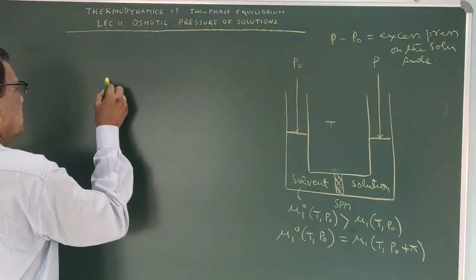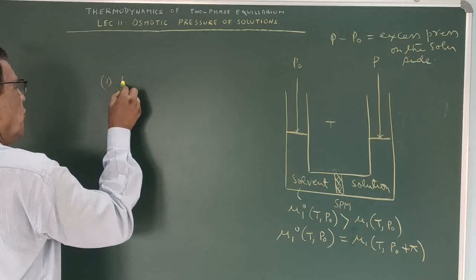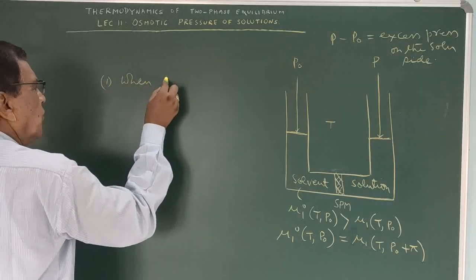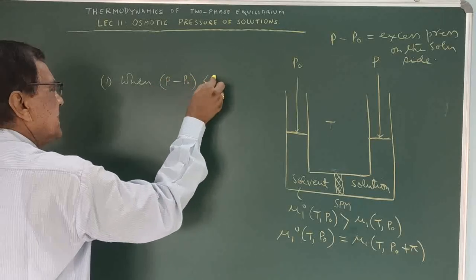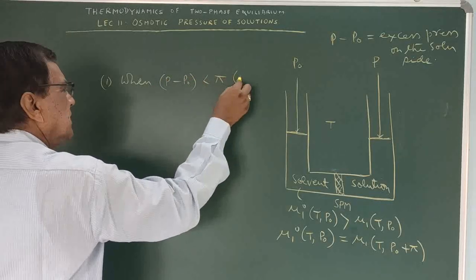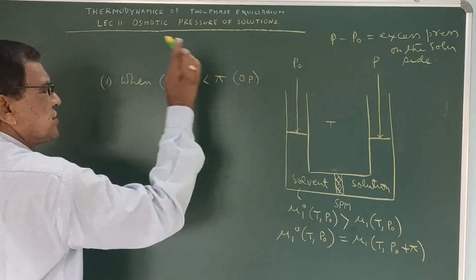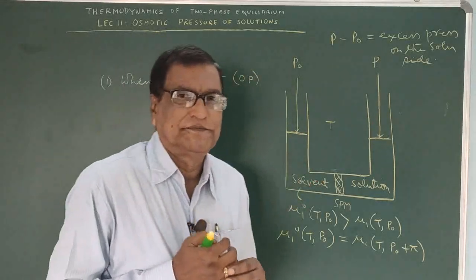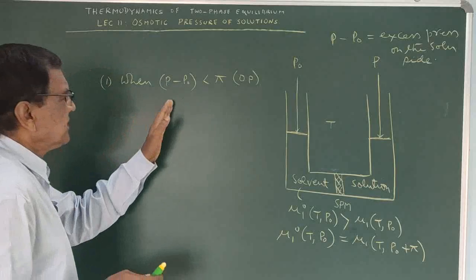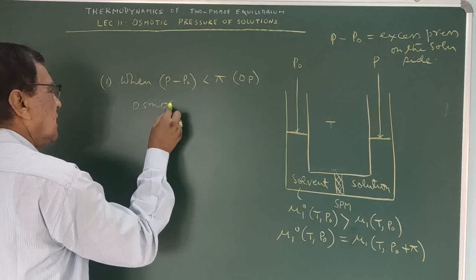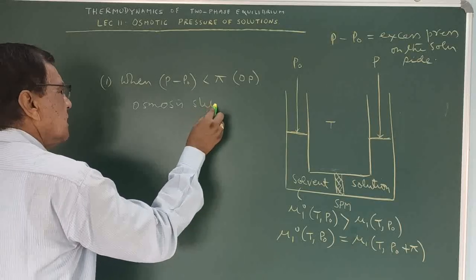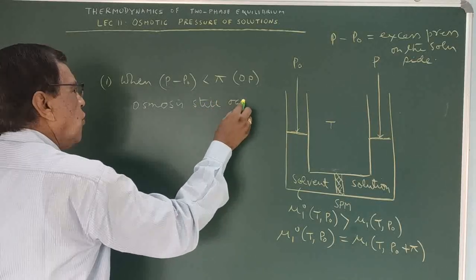Case number 1: when P minus P naught is less than pi, the osmotic pressure of this solution, osmosis still occurs.